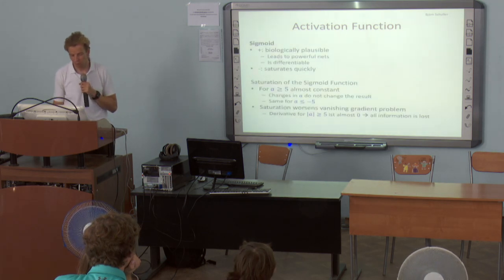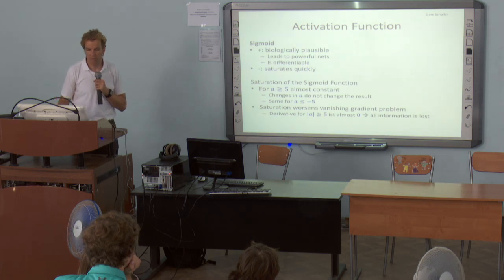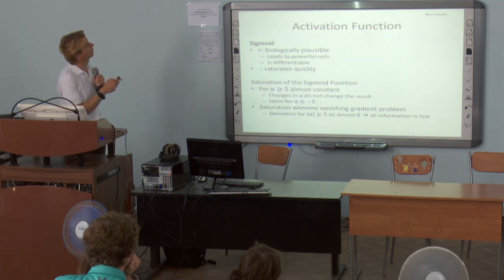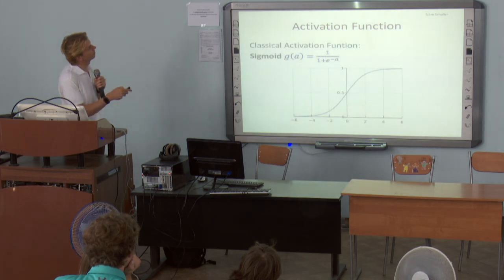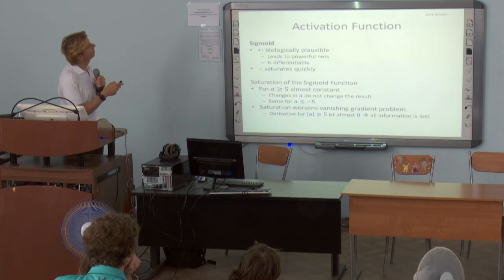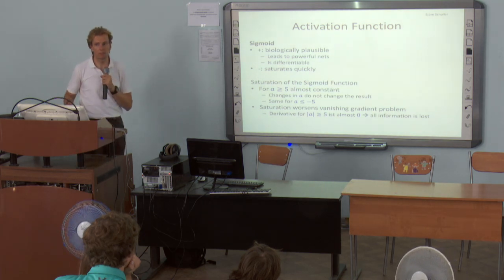So it's biologically plausible, leads to powerful nets, saturates quickly, but it also has a little bit of a problem with the saturation, because for values larger than 5 in our plot here, we always get the same value. So changes above 5 do not change the result anymore, and that worsens the vanishing gradient problem.